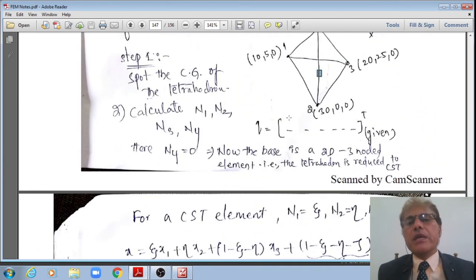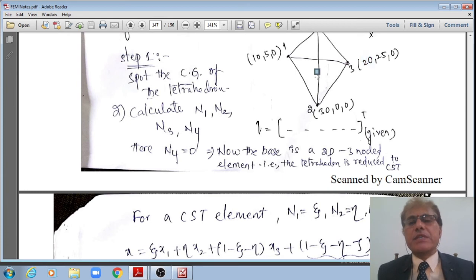Or if need be, using isoparametric formulation, I can even interpolate the Cartesian coordinates of this CG point also, using n1 x1 plus n2 x2 plus n3 x3, assuming these now as the Cartesian coordinates. Now I can say n1 multiplied by x1, n2 multiplied by x2, and n3 multiplied by x3, right?